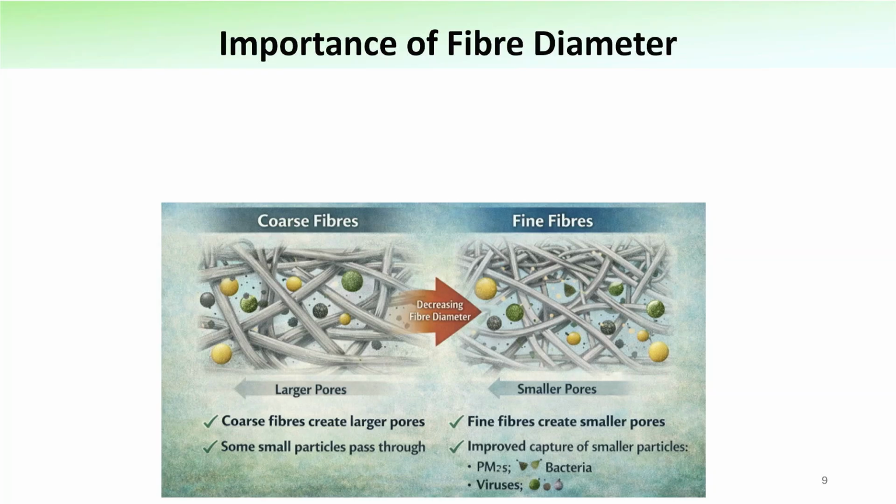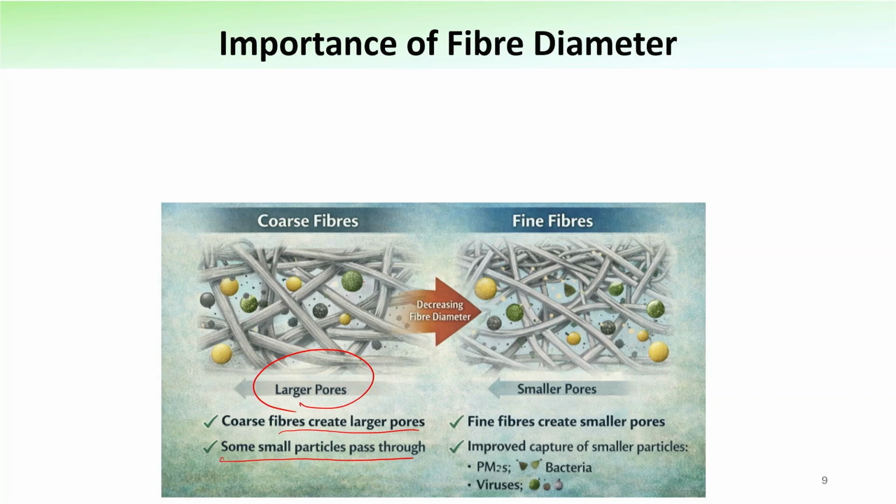Now, try to see, with the two fibers that we have discussed earlier, how the pores can be changed. If we use coarse fiber, it will generate larger pore size. So, coarse fibers create larger pores, where some small particles can pass through. That is the problem.